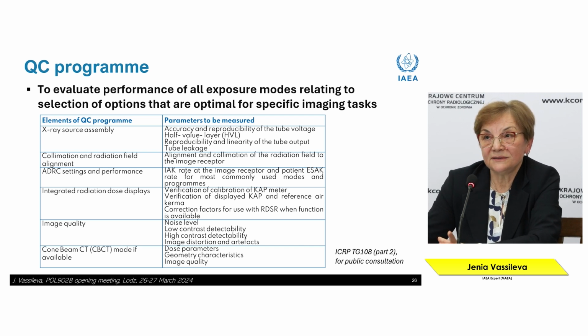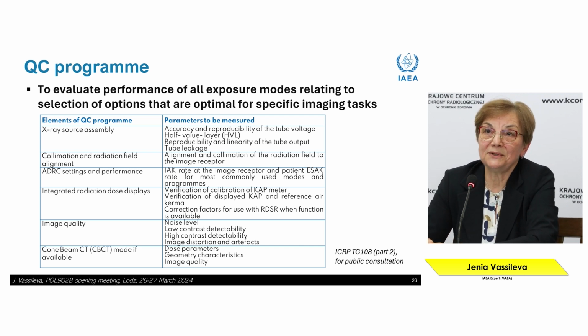I was involved specifically in the fluoroscopy chapter, and this is the list of the elements of the quality control program. As you can see, the most important parameters are here: image quality, automatic dose rate control settings and performance, and the different modes you have, for example, combi mode, dose parameters and geometry, and image quality.